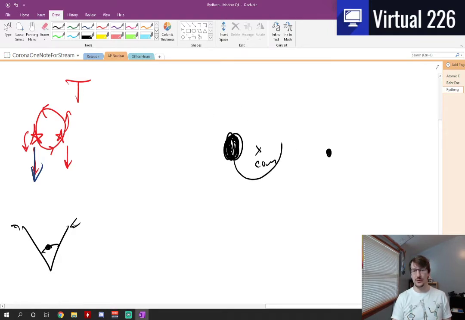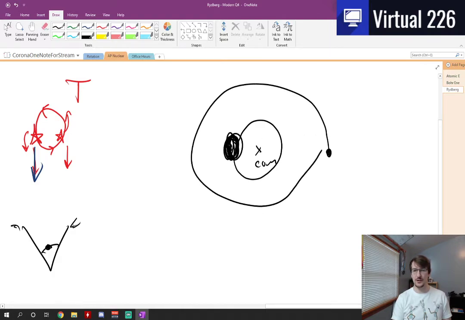So if this is going around the center of mass like this, and this is making a much bigger arc like that, then whenever this large piece is down here, this piece will be up here. They'll always be opposite through that center of mass, which means that both of these have the same period.